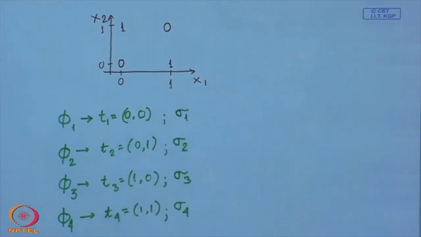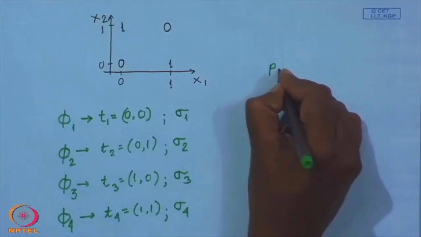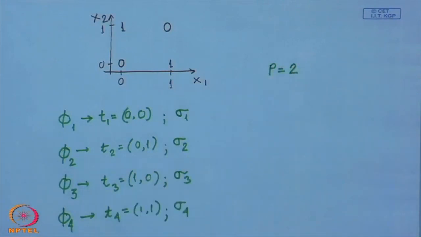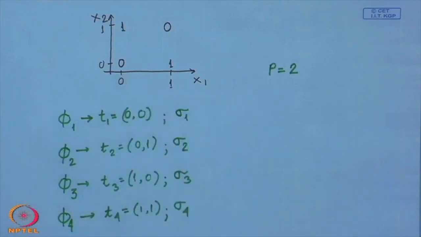For every receptor I have to find p number of nearest receptors, and suppose I choose p equal to 2. For every receptor there are 3 neighbors: 2 of the neighbors are at a distance of 1 and one is at a distance of 1.4, that is square root of 2.